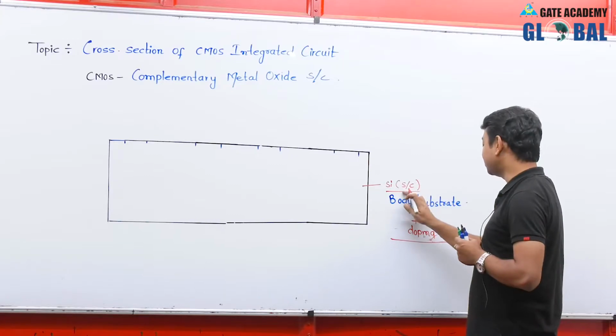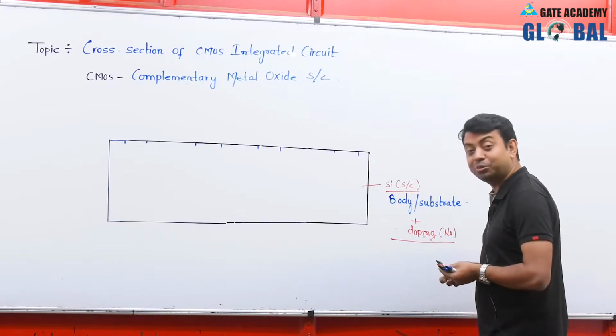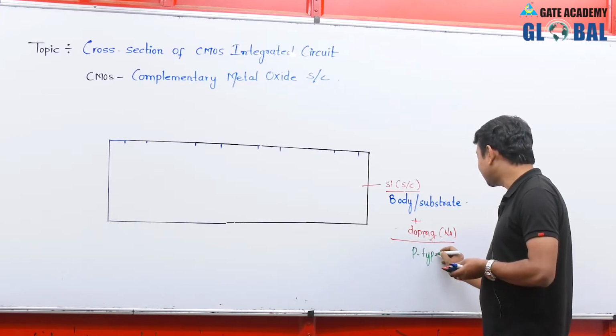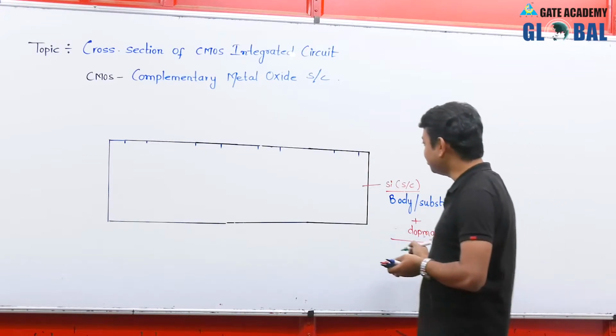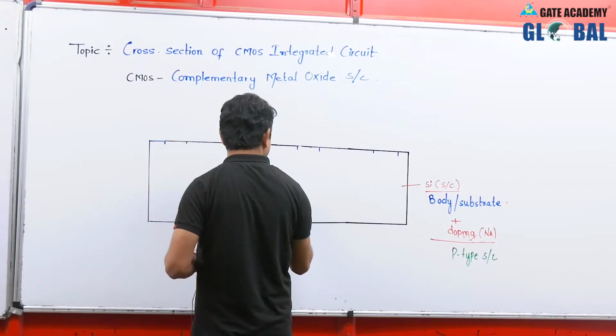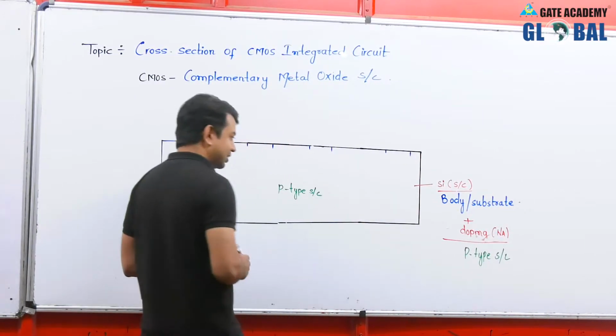If silicon semiconductor is doped with acceptor atoms, the resultant semiconductor is a p-type semiconductor. So we have made a p-type semiconductor. This is a large size p-type semiconductor.